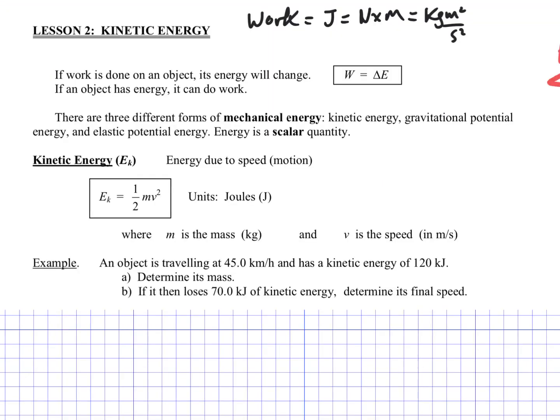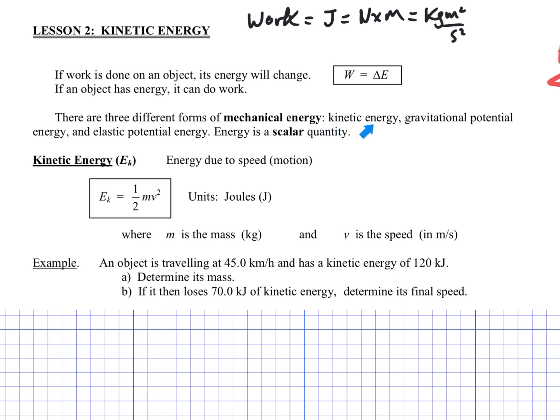Okay, so we can do work on a system which will change the energy in some way. So we have this statement that work is equal to a change in the energy. Now, this is the first time we come across the specific different types of energies, and these are really the ones that we classify as mechanical.